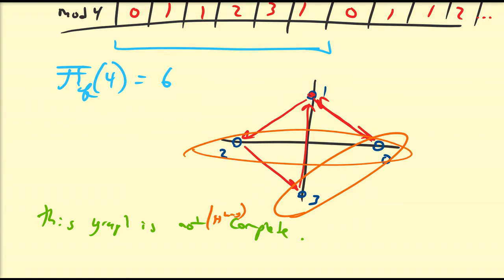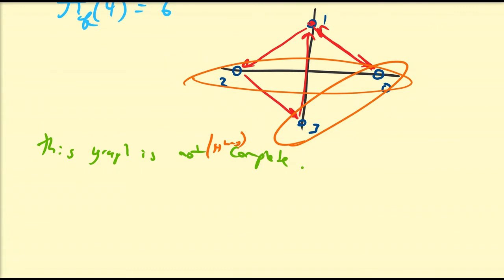Because, in essence, this picture isn't pretty. That's pretty much what a non-complete graph represents. Maybe it looks pretty to you, but it's not complete, at least by this definition.